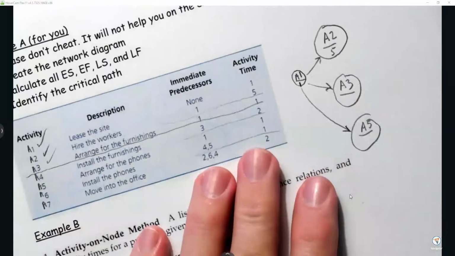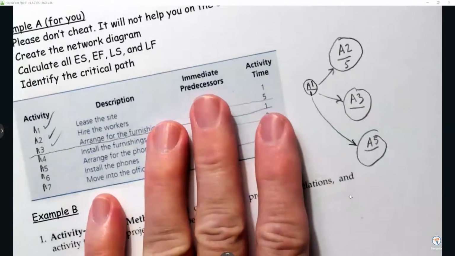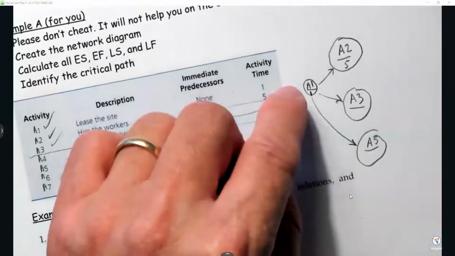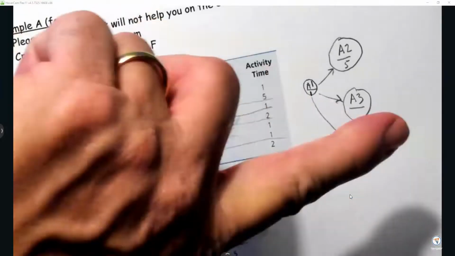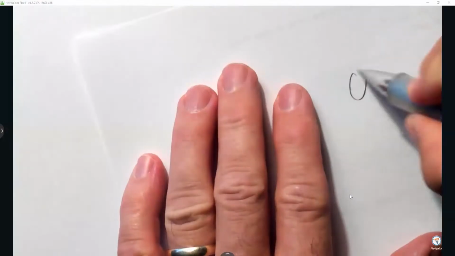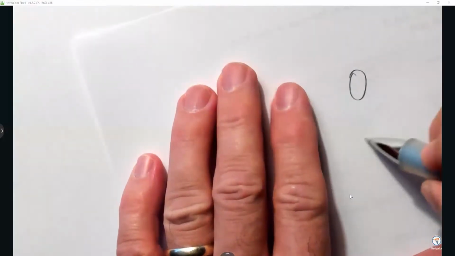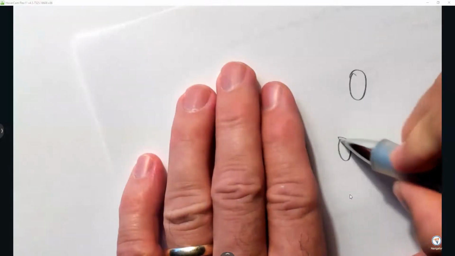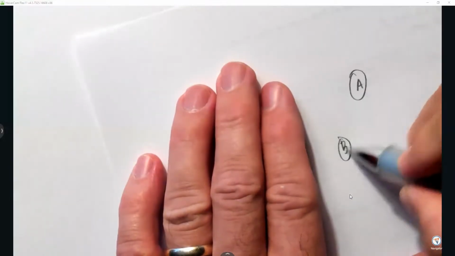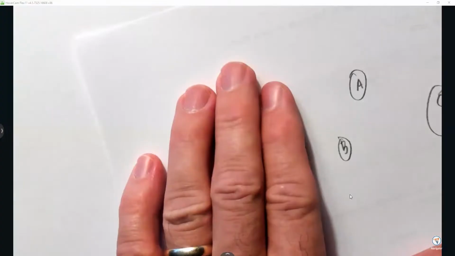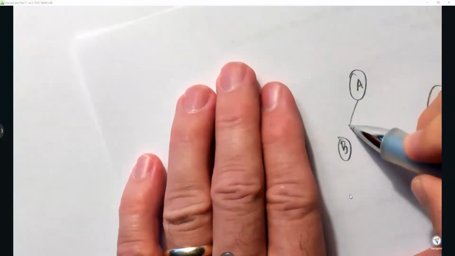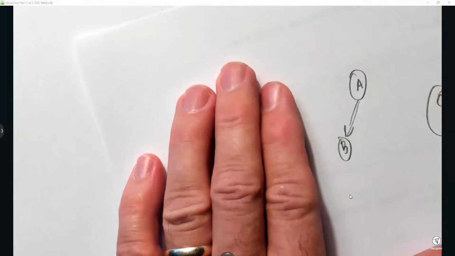Here are two little tips I strongly recommend to keep you from messing up. Arrows always go that way. Okay, they always go that way. When I say they always go that way, don't do this. Don't have a situation where you have A, B, C, and this goes to there, and this goes to there.